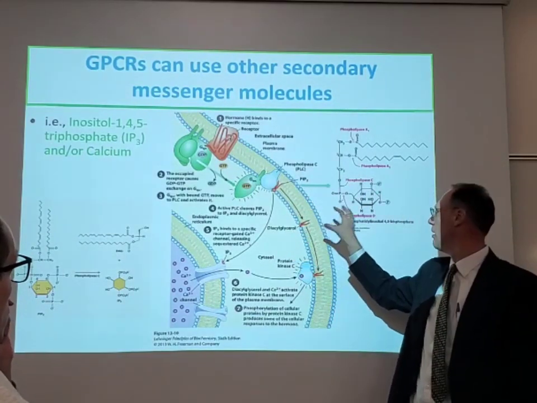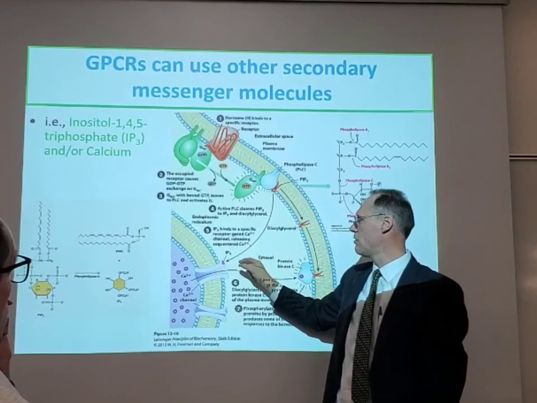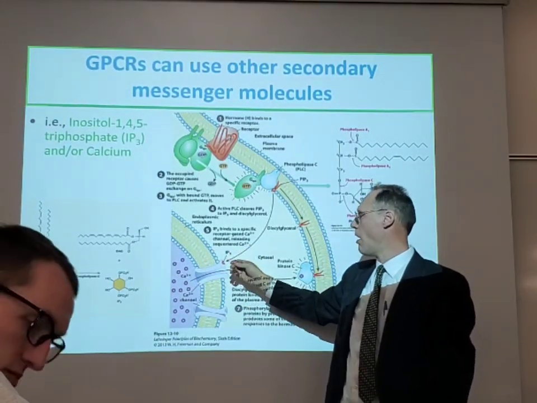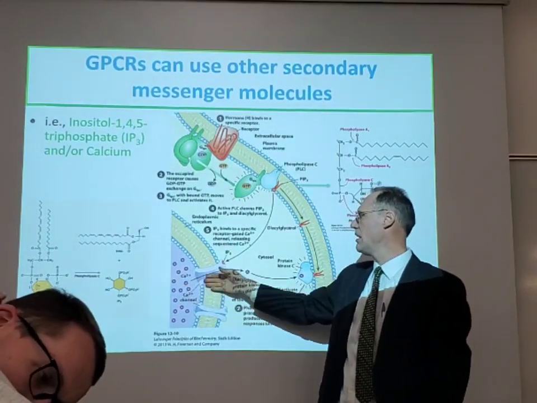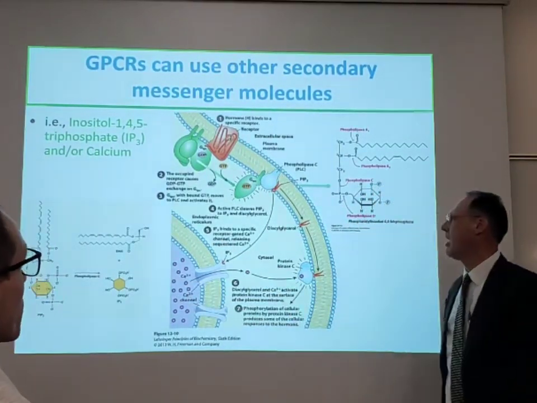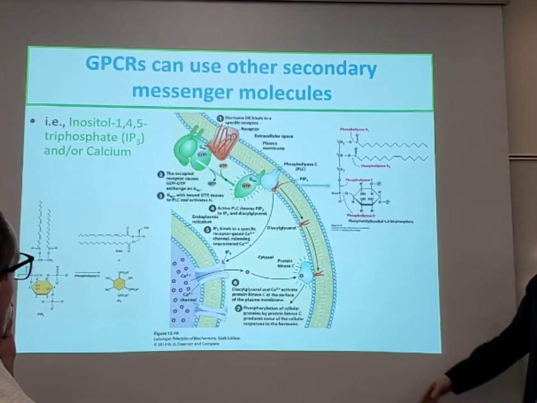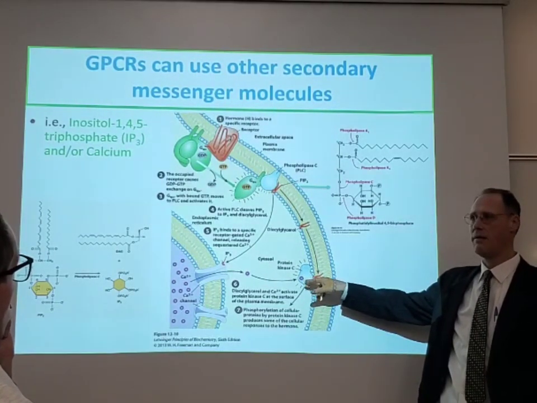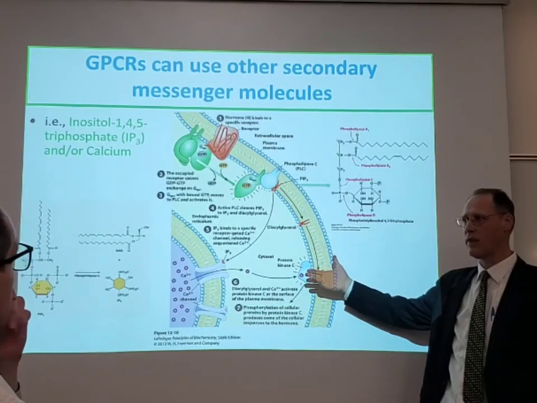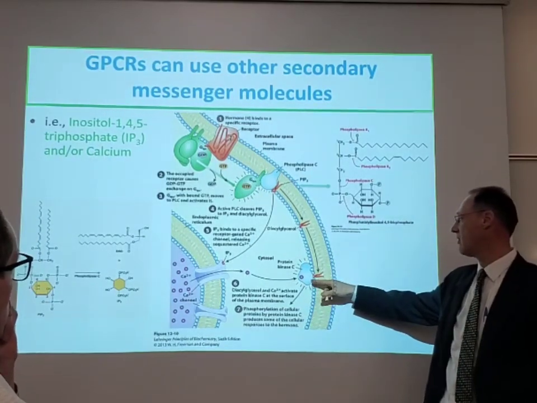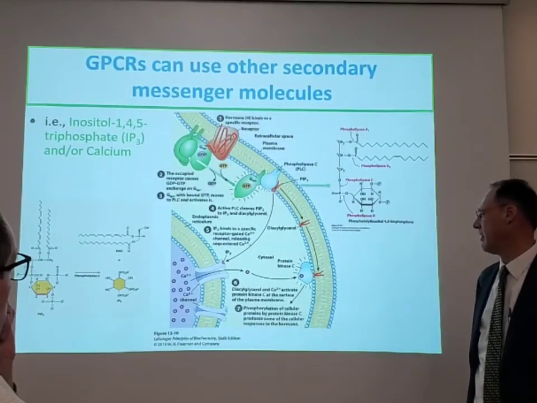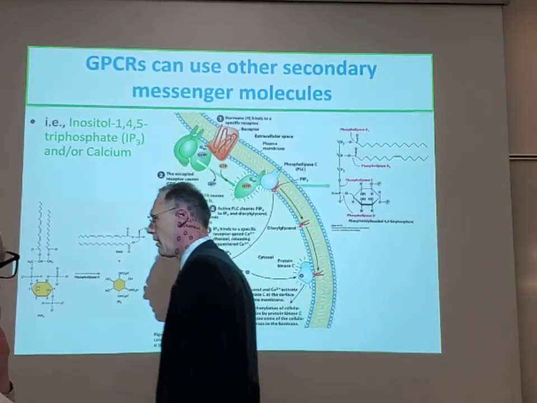So IP3 is a secondary messenger, which docks here to an ion channel, opening the ion channel and releasing calcium to come out, which then affects, back in the cell, protein kinase C. That's a kinase, so it's going to phosphorylate a whole bunch of hydroxyl groups, which then affect downstream targets of the hormone.